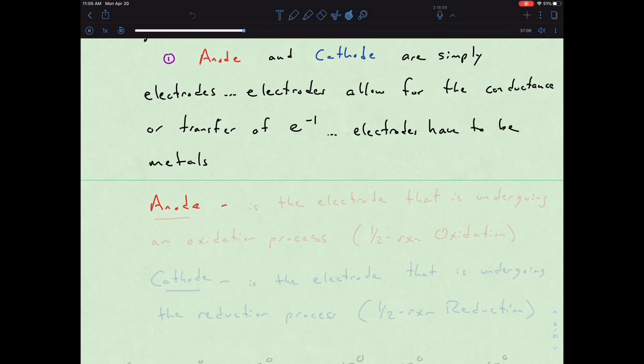So the anode is the electrode that's basically undergoing an oxidation process.